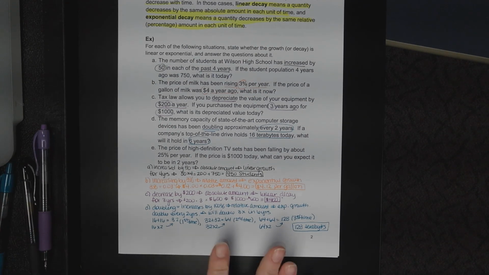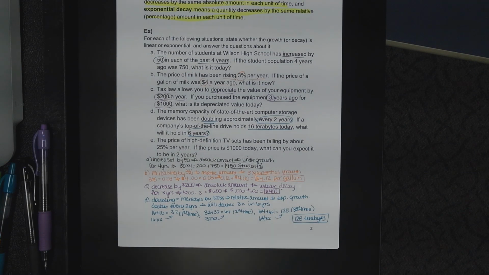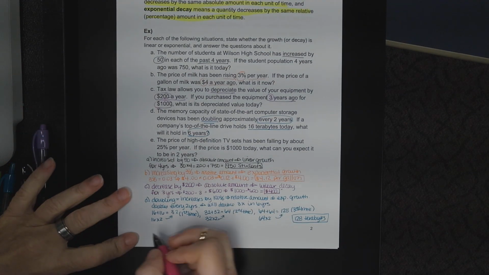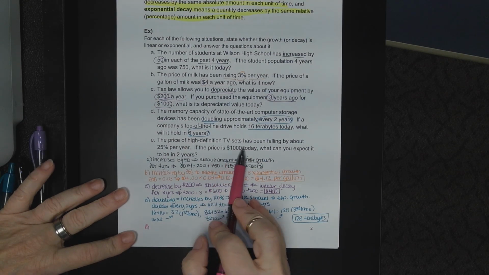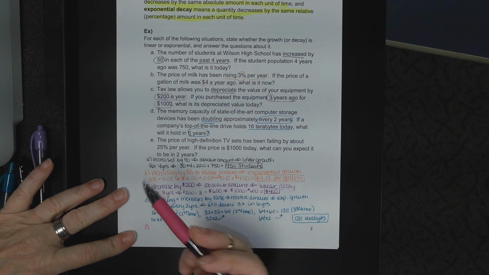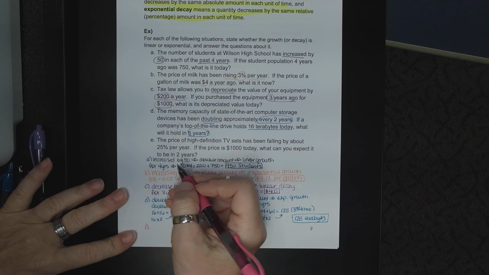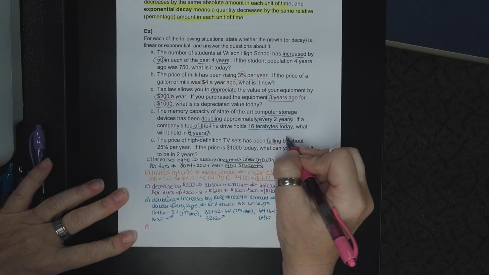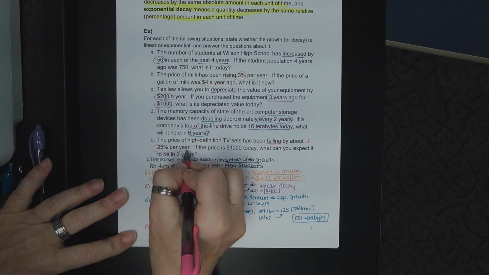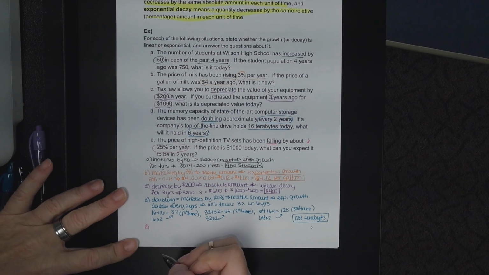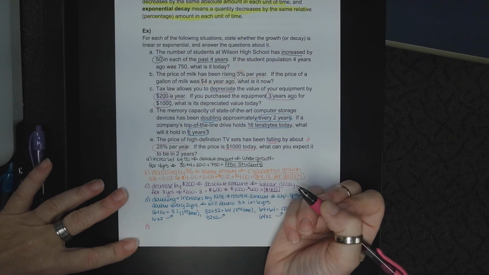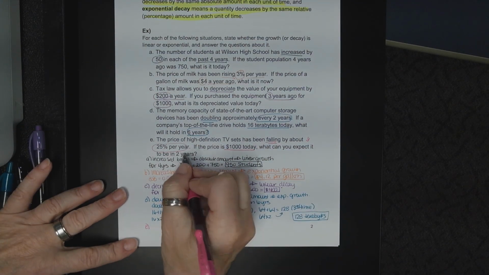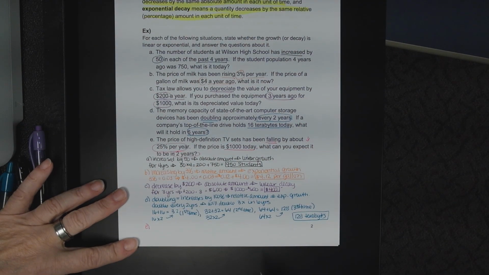All right. Now let's look at E. The price of a high-definition TV set has been falling by 25% per year. If the price is $1,000 today, what can we expect it to be in 2 years?